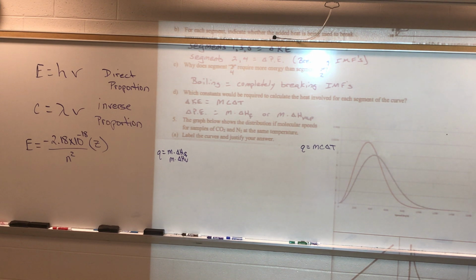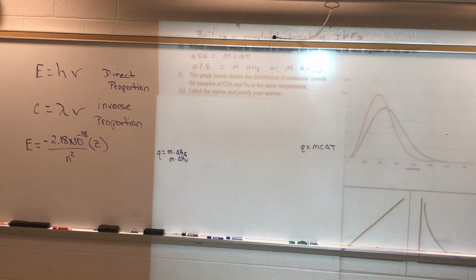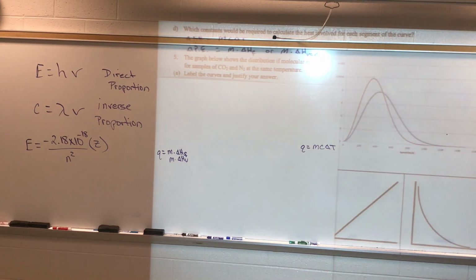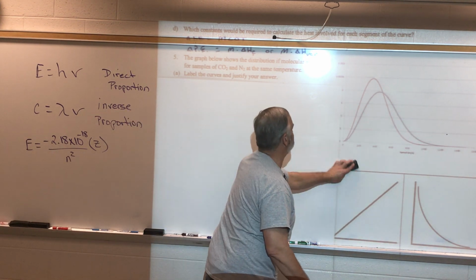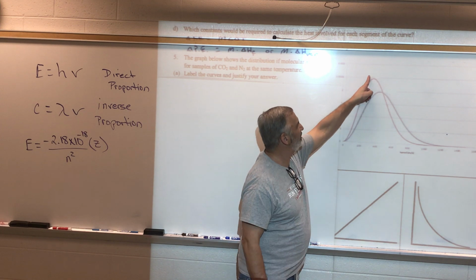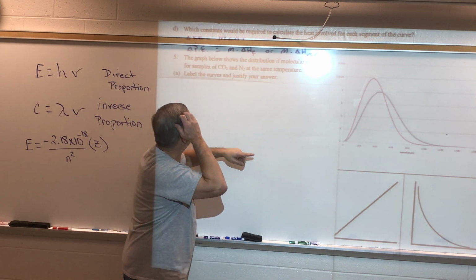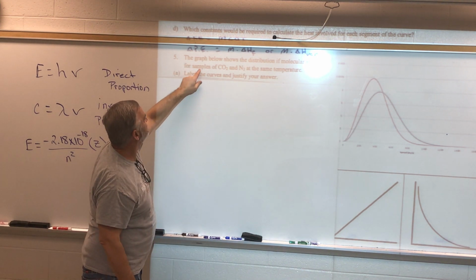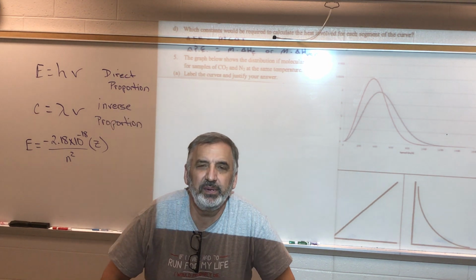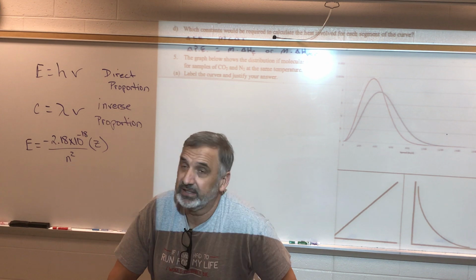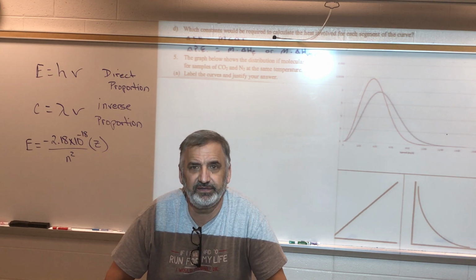All right, then here is my favorite graph. Label the curves and justify. So again, when we look here, okay, this is dealing with the molecular speeds of CO2 and N2. We all know if you have a big mass, you ain't going fast.